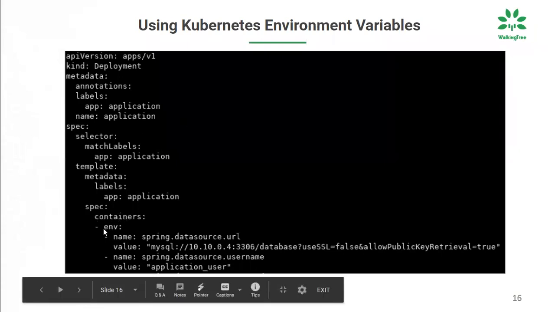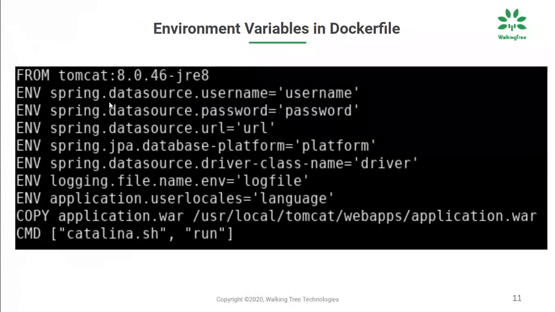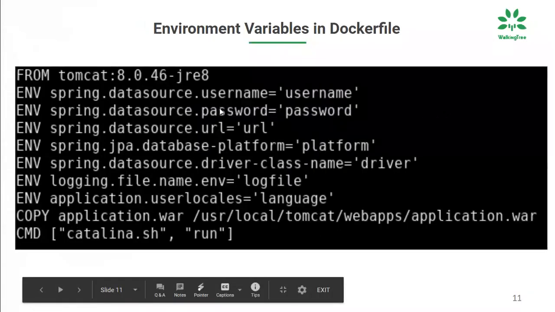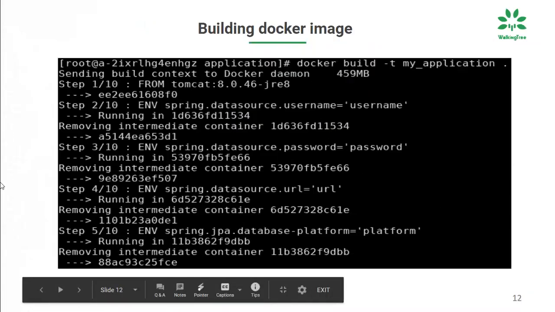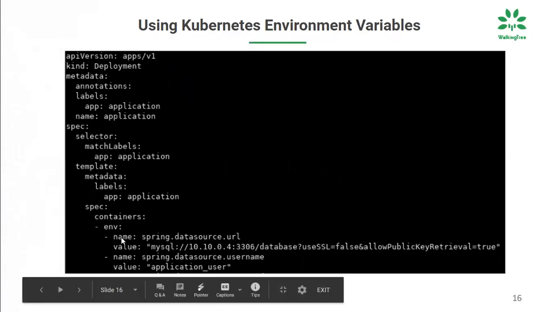It has the main container image and certain environment variables associated with it, which I showed before. All these environment variables, six of them, will be passed as environment variables inside my deployment manifest.